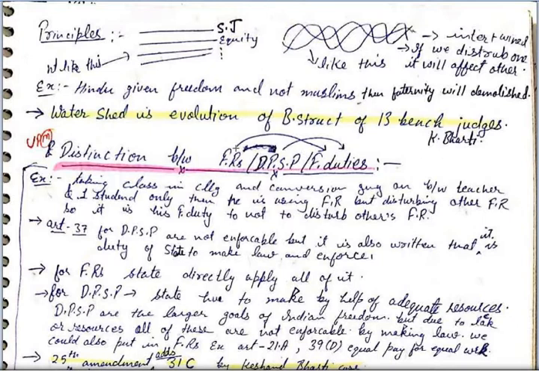Similarly, if a person has rights and people are gathering in a class or a place, and he is enjoying his rights but he is disturbing others' rights, then it is the duty of that person not to disturb others' rights so that the other person could also peacefully enjoy their rights. When we talk about that, it is called the fundamental duties.